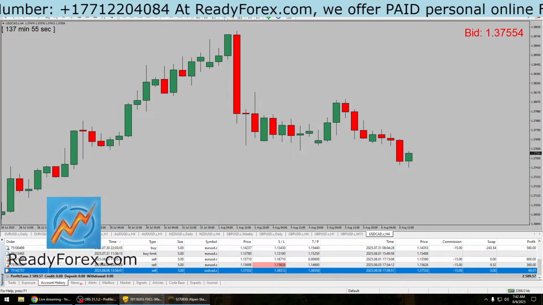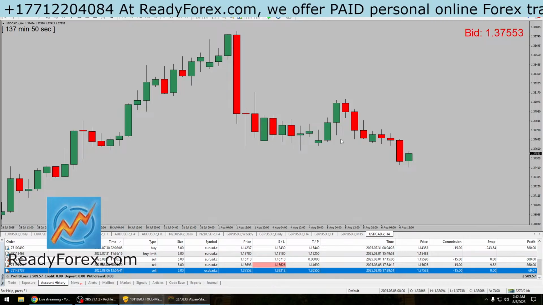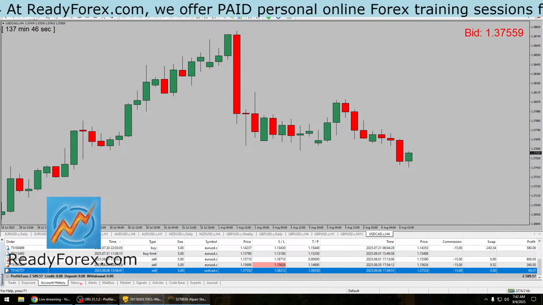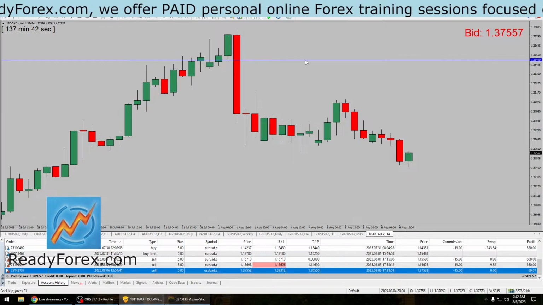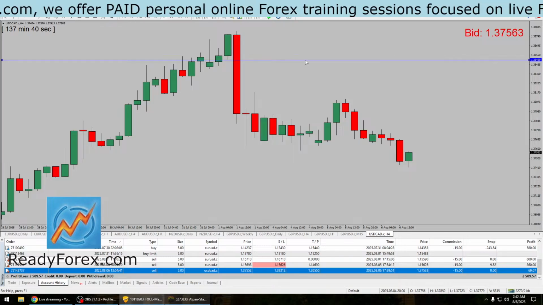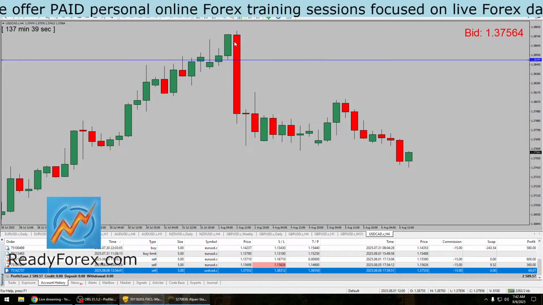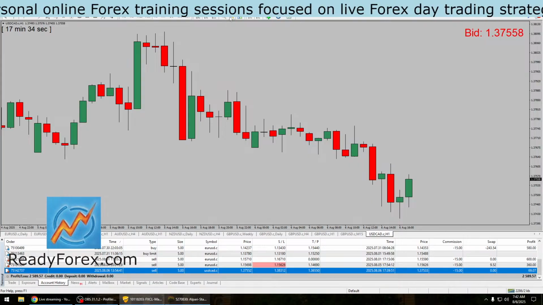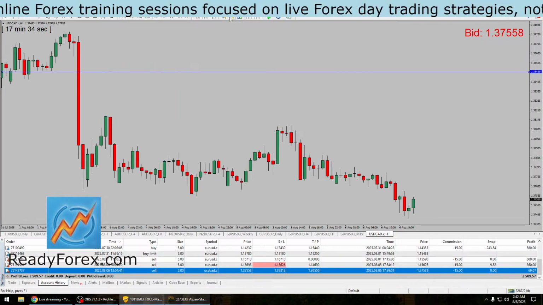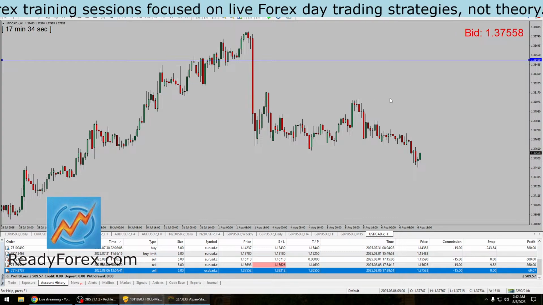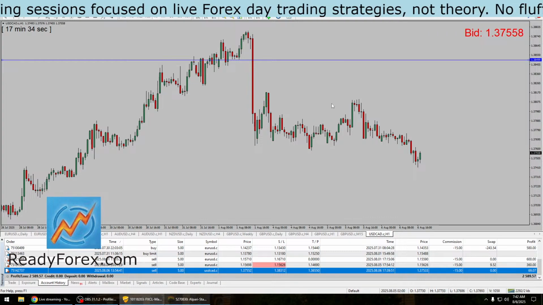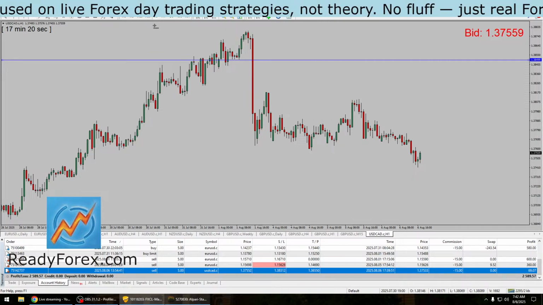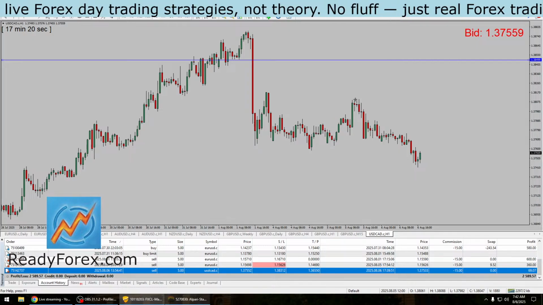Let us check out the 4-hour chart again, and okay, we have one resistance level right up there at 1.3849. Let's go to our time frame. Here's another one. Zone, actually.